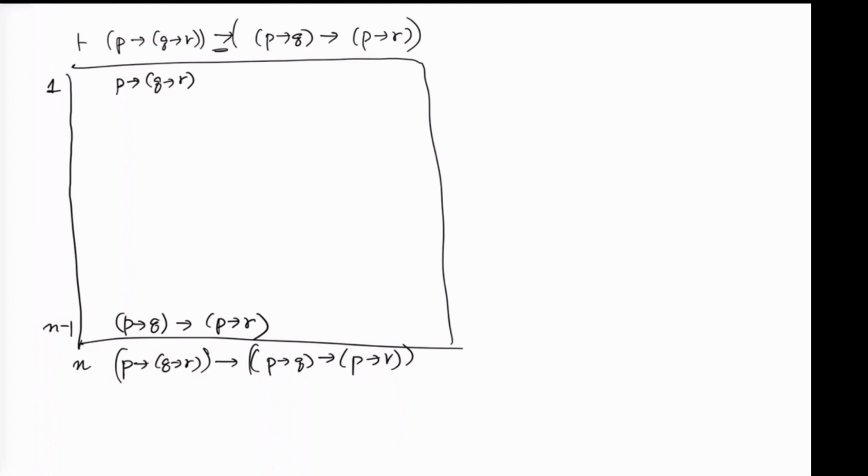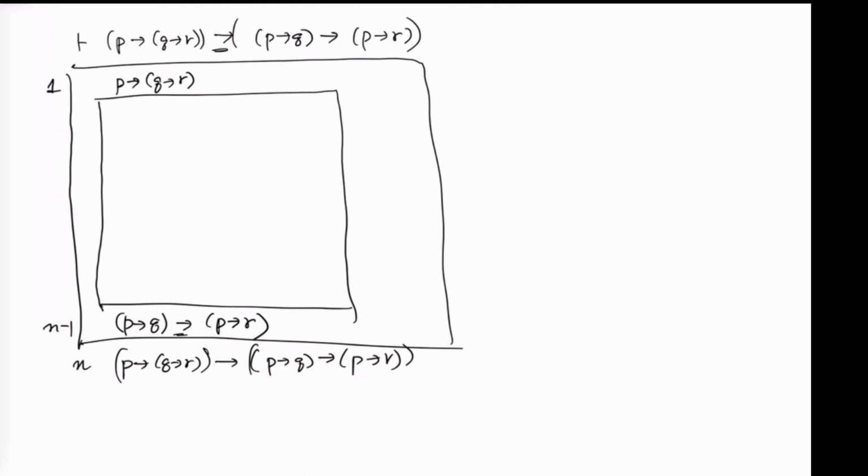You have one assumption now, which you may be able to use later, but the goal again has the form of implication, so the same strategy applies. You can have another box, in which you start with P implies Q, the antecedent here, and the consequent P implies R is here. So that's line 2, and this is N minus 2.